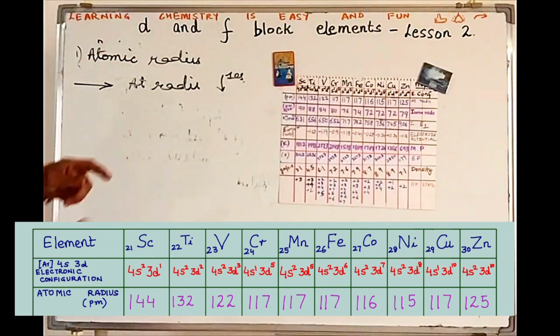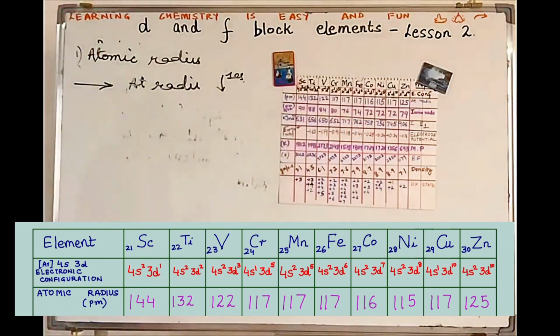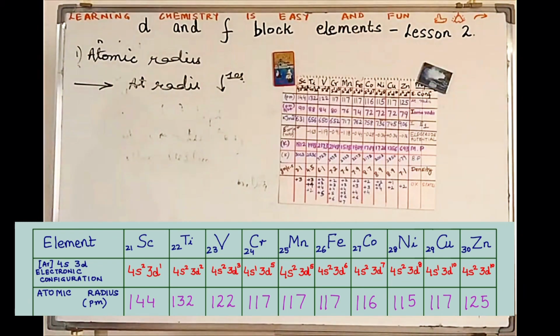So the element with atomic number 29 has atomic radius 117, whereas zinc all of a sudden shows an atomic size of 125. We need to study this behavior of the atomic radius. What do you think is the reason?